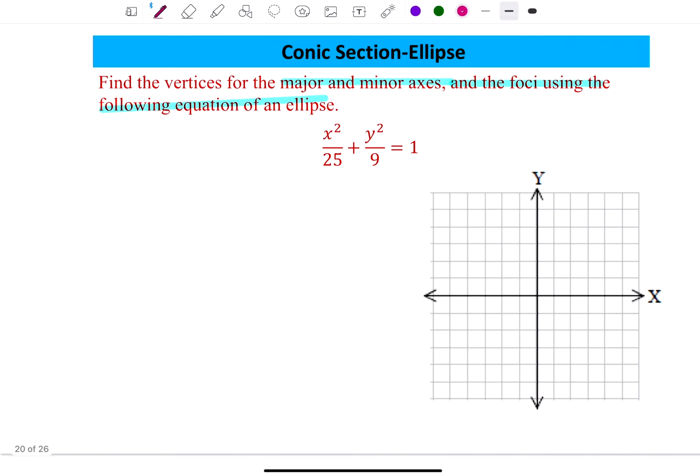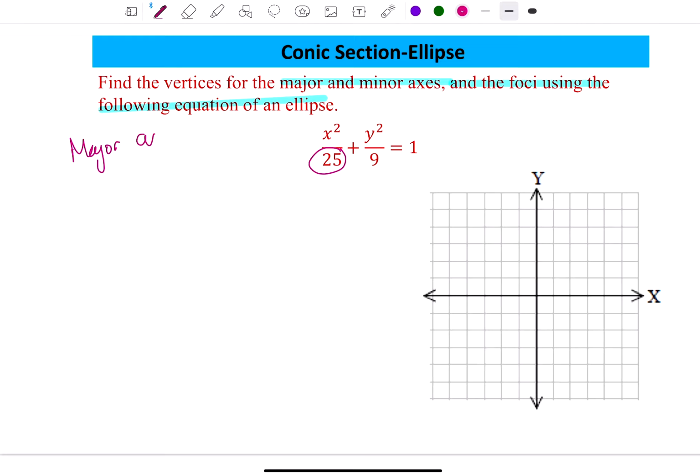The first one, x squared over 25 plus y squared over 9 equals 1. So x squared has the bigger number. That means the major axis is the x-axis. Along the x-axis, I'm going to move 5 on the right-hand side and 5 on the left-hand side.